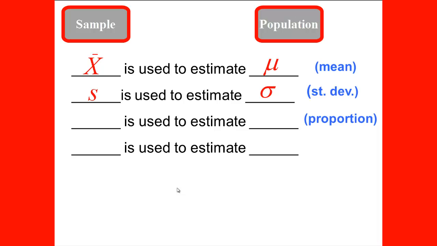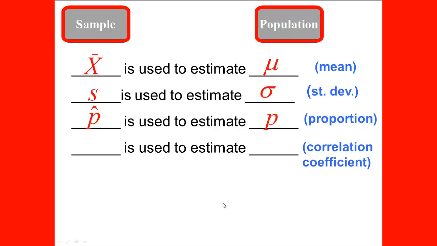For proportions, which is what we're covering now, P hat, and that's P with a little hat over top of it, just a slightly up arrow, is used to estimate P. P hat, which is the sample proportion, is used to estimate P, the population proportion.